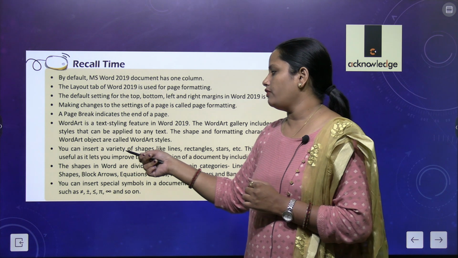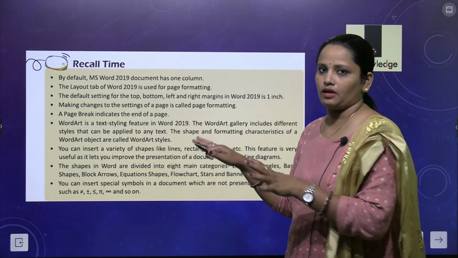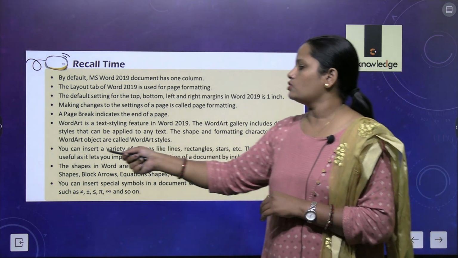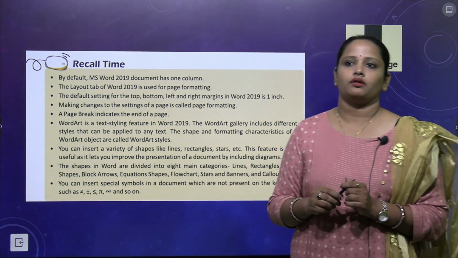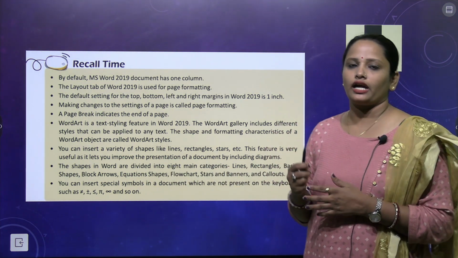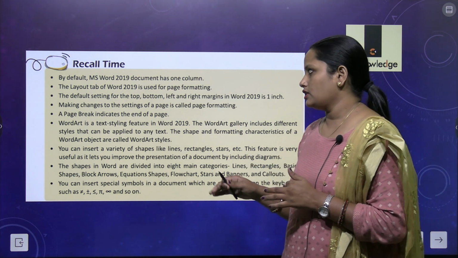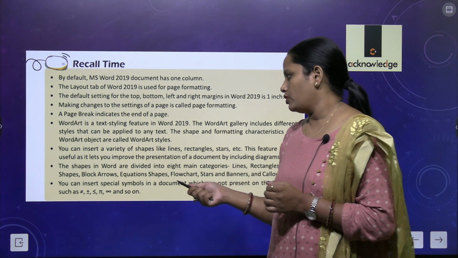You can insert a variety of shapes like lines, rectangles, stars, etc. These all things can be inserted in a text or in a document. This feature is very useful as it lets you improve the presentation of the document by including diagrams. So we can include different diagrams and different pictures in a text by using this feature. Okay.